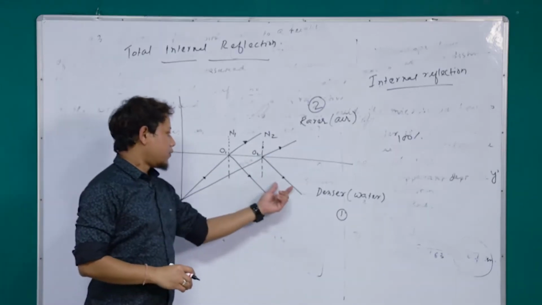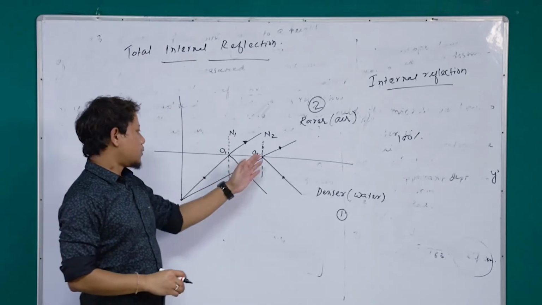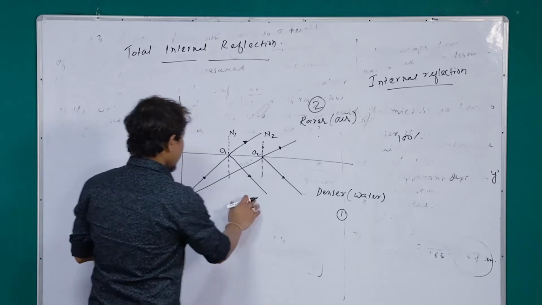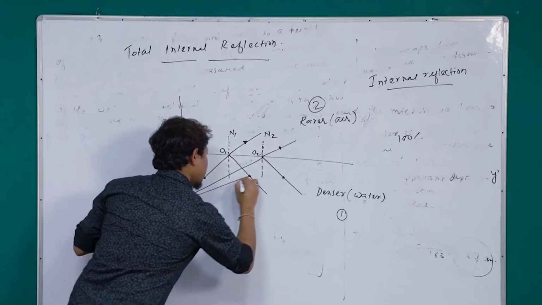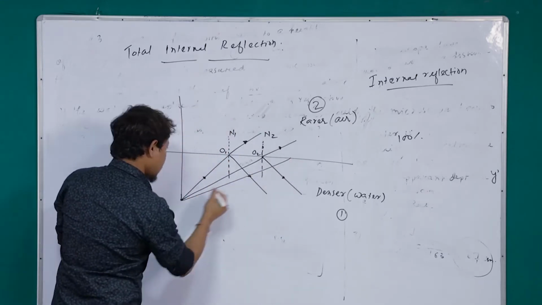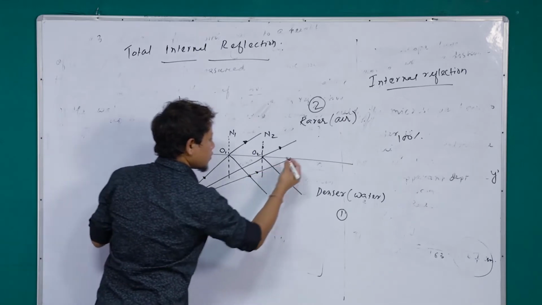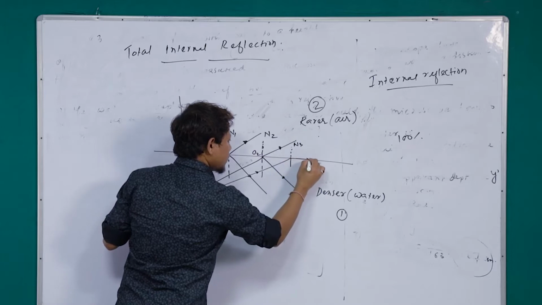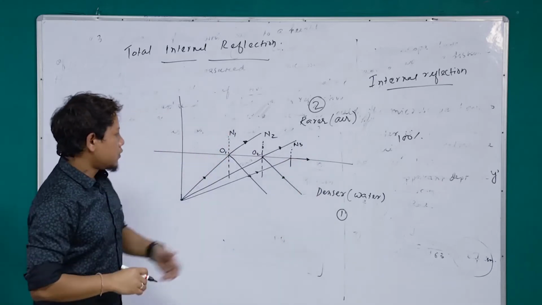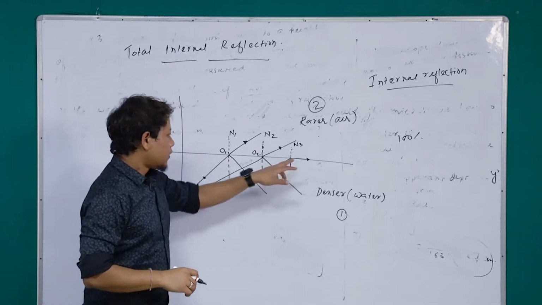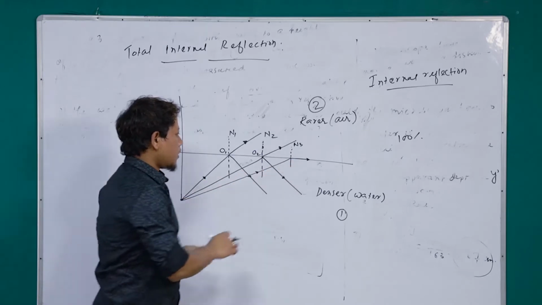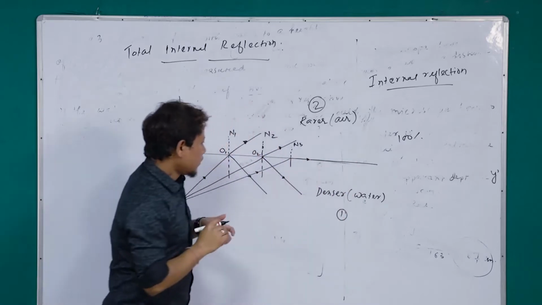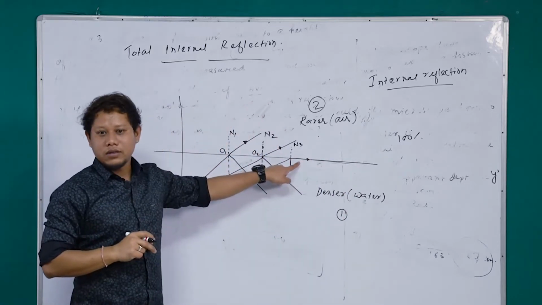Some part of the ray is reflected back to the same medium, and some part is traveling to the other medium. Now, this is N3. But here a different phenomenon is taking place. Here the refracted ray grazes along the interface. This is the interface between two media.